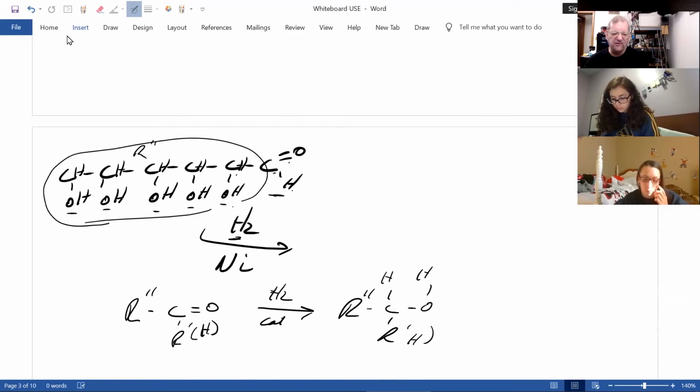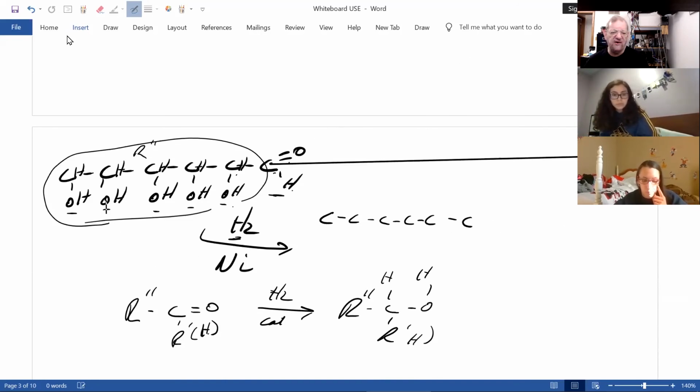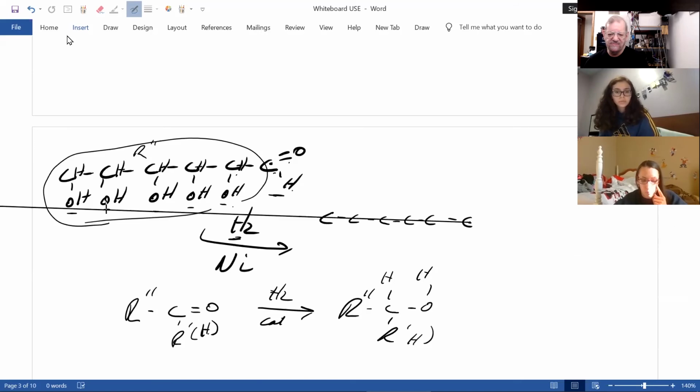Well, here, what's R double prime, I should say, 5 carbons, then it's attached to this carbon right here. And it has a hydrogen. Each one of these has a hydroxyl group.